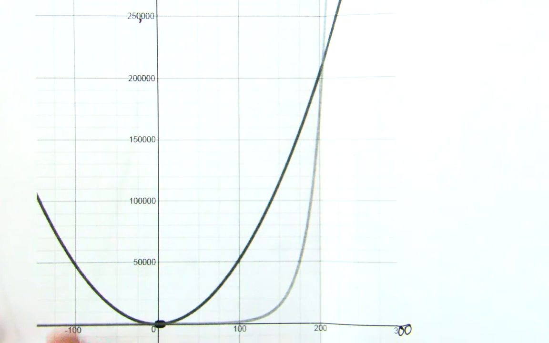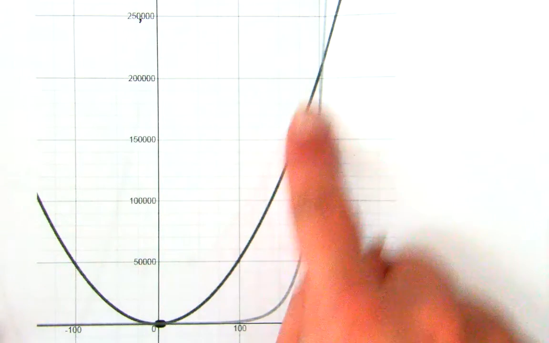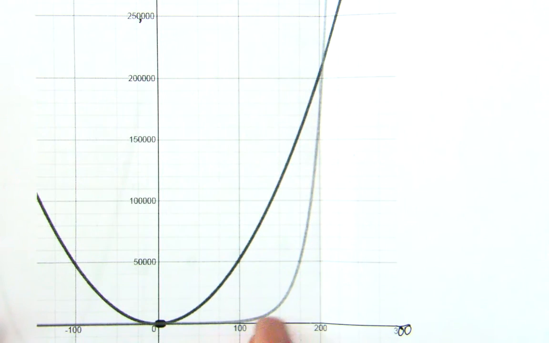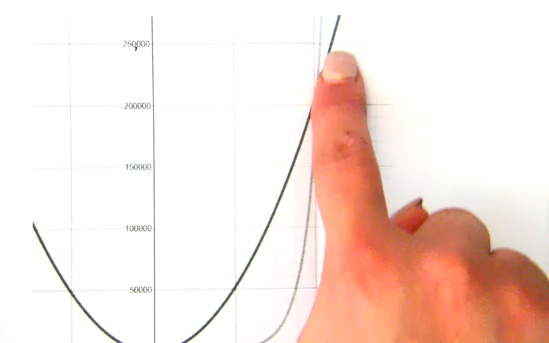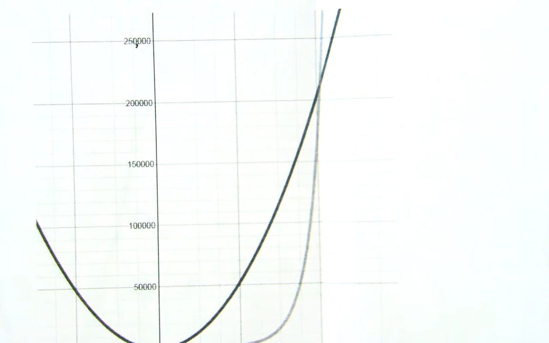The parabola is obviously the darker one, right? And then this is the exponential, and look, I was right, yay, math always wins.